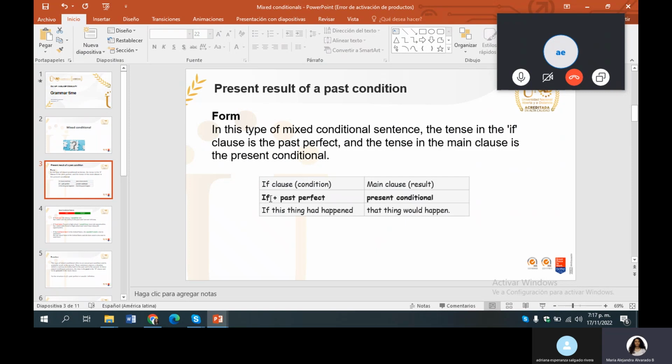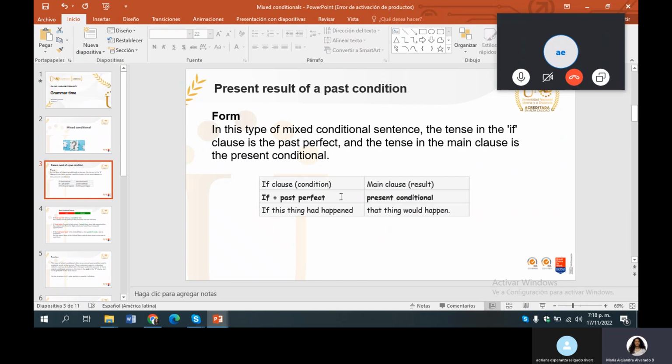We have if, the conditional, and the past perfect.